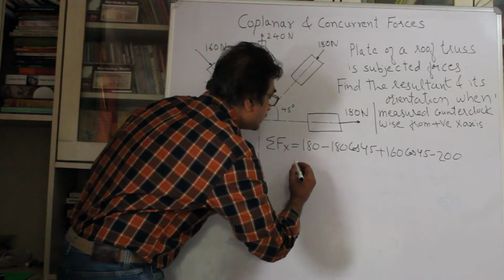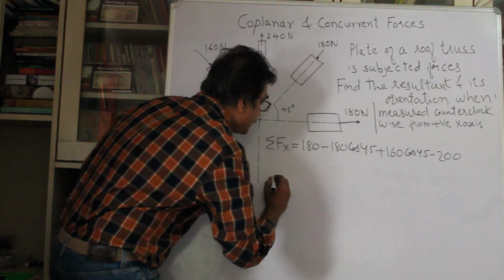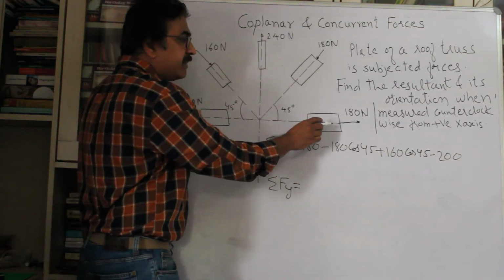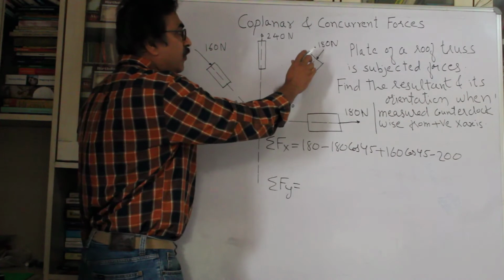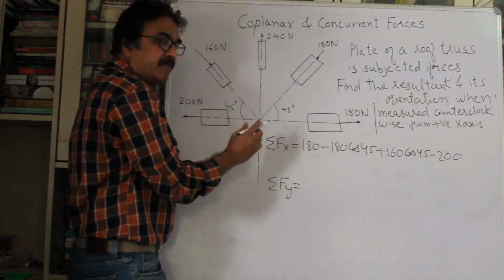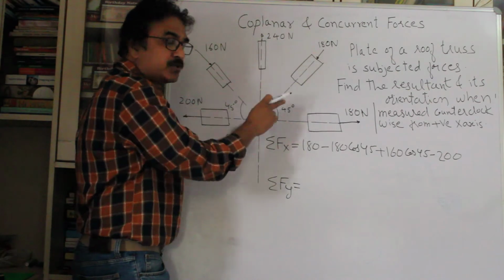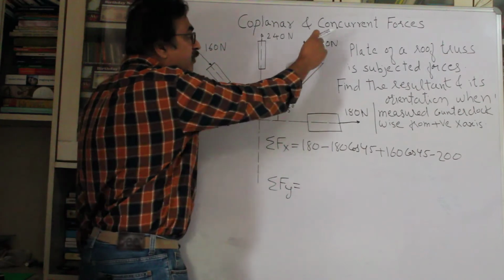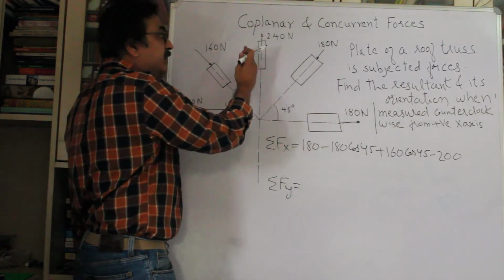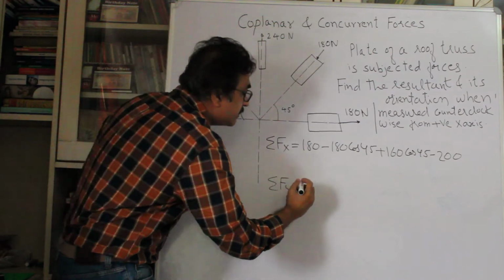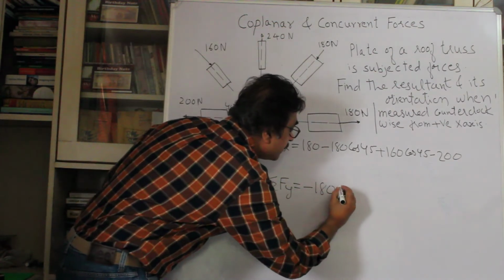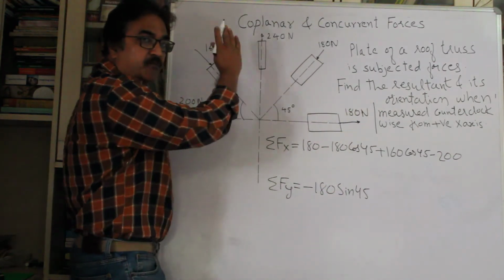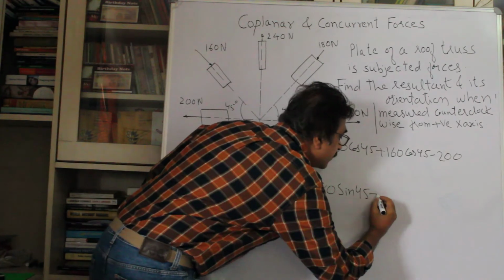So this is sigma Fx, and now sigma Fy, resolve them. 180 will have no vertical component, it's horizontal. For the 180 newton force, the vertical component will be the sine of the angle which this force makes with x-axis, so 180 sine 45. And look at this arrowhead, it's pointing towards the origin. So when you resolve it, it's going to be downward, so it is minus 180 sine 45. 240 is upward along vertical, so it's plus 240.